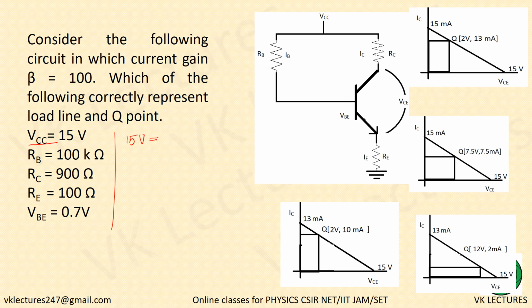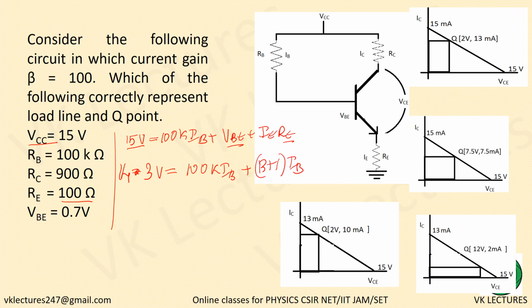So 15 volt is equal to 100K into IB plus VBE plus IE into RE. So 15 volt minus VBE, that is 14.3 volt, is equal to 100K into IB plus IE, which is (beta plus 1) into IB into RE. What is RE? 100 ohm.